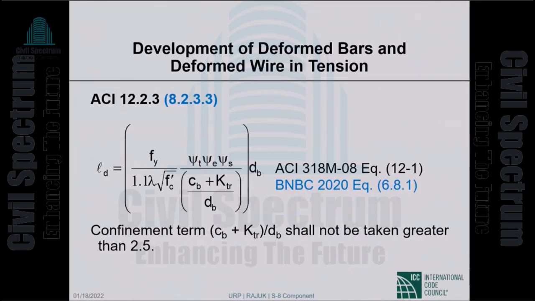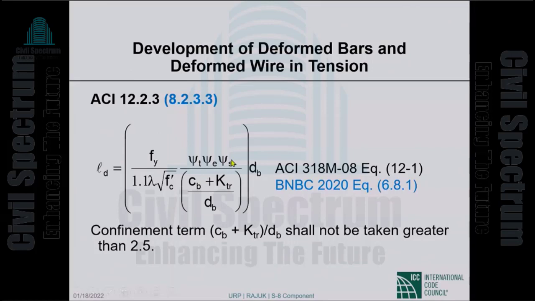So you have the choice of using the table, or you have the choice of using this expression. This is supposed to be a little more refined, a little more exact. Here also we have the yield strength of the reinforcement and the compressive strength of the concrete, the lightweight concrete factor lambda.